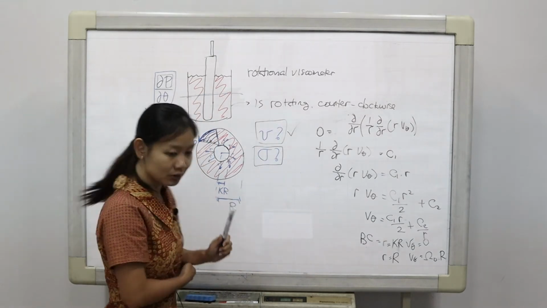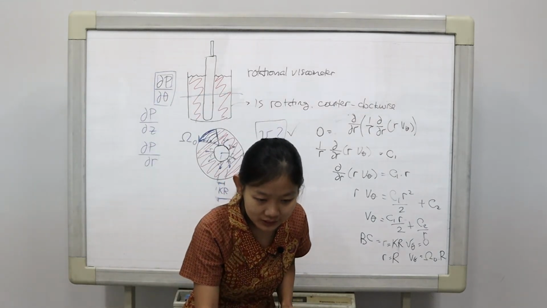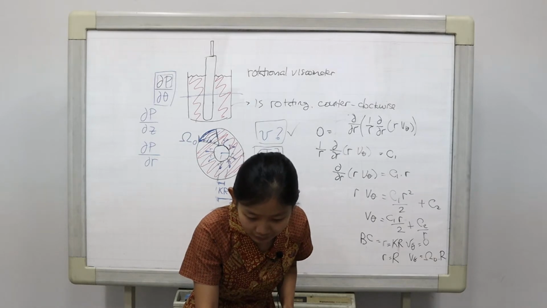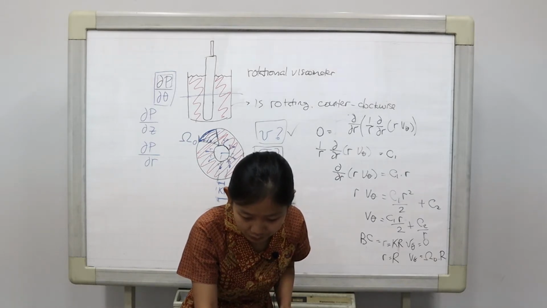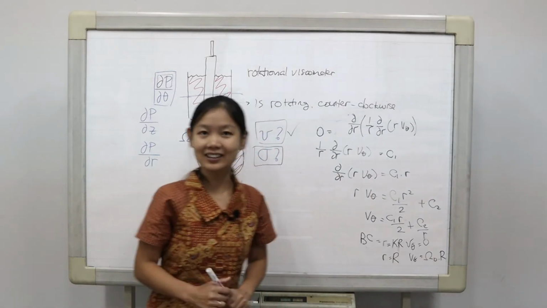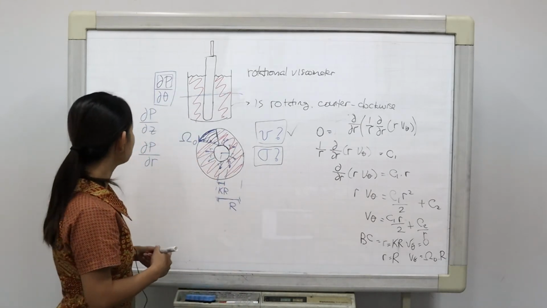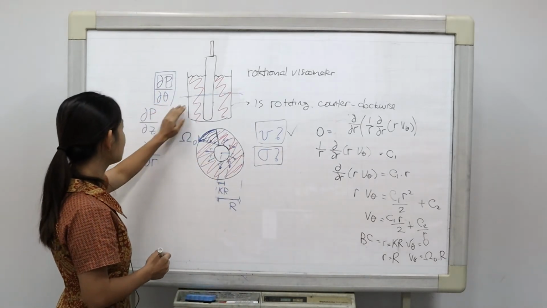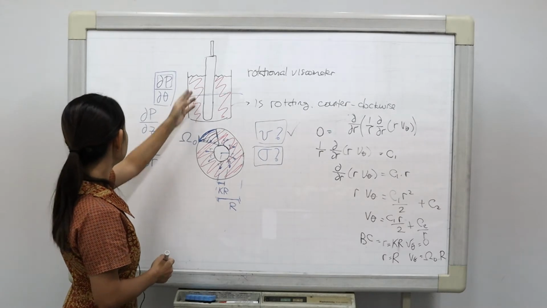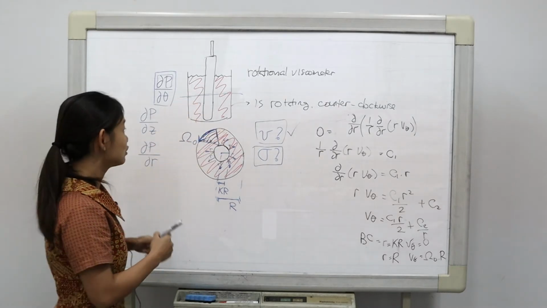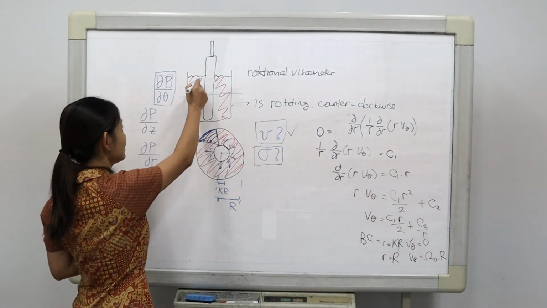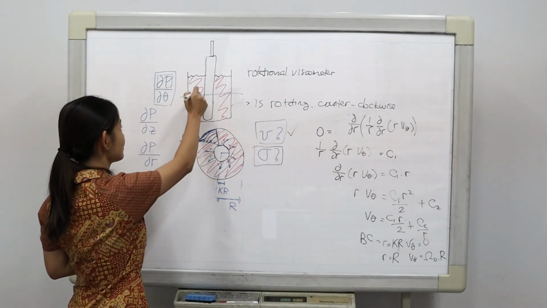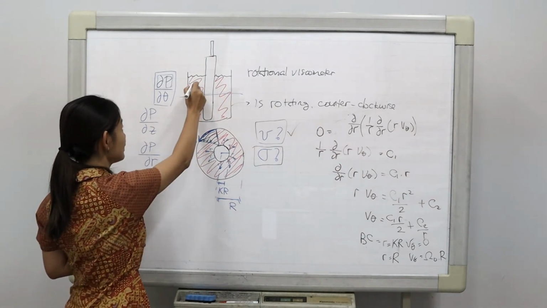So let's move on. Still have another question: does P change with respect to R and Z? That's interesting. Does the pressure change with respect to Z, at different levels like this?